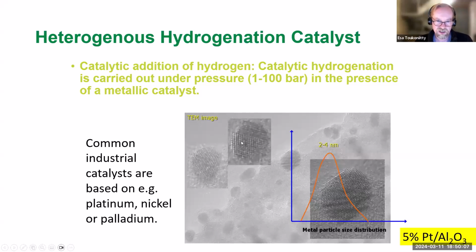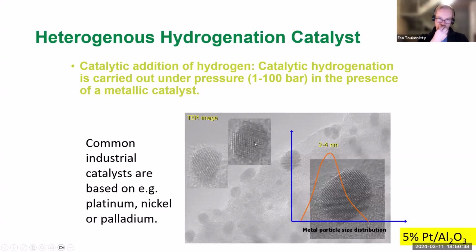And here you'll see the resolution of the microscope is quite nice. You'll see these tiny dots are individual atoms. These are quite large clusters, maybe some 100 atoms or so. But what happens in the hydrogenation is that the hydrogen adsorbs on the surface of this metal.